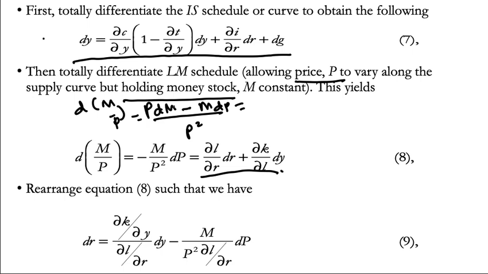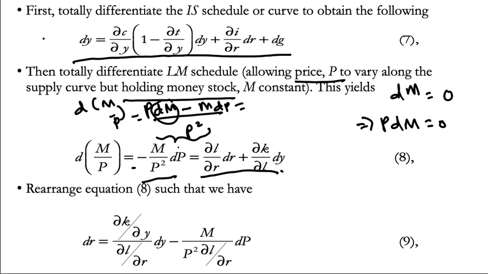Okay, if you look at this, this is dM or the change in money stock, but as we see that we need to hold money stock constant, therefore dM or the change in money stock should be 0. When dM is 0, then it implies P dM is actually 0. That's why we are left with this bit. Okay, so we have minus M over P squared dP equal to the rest. And I hope you know how to do the right hand side here.